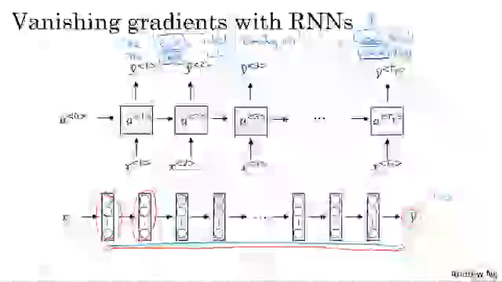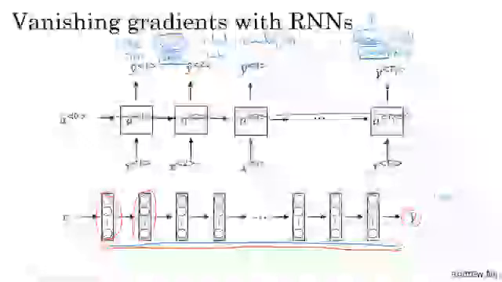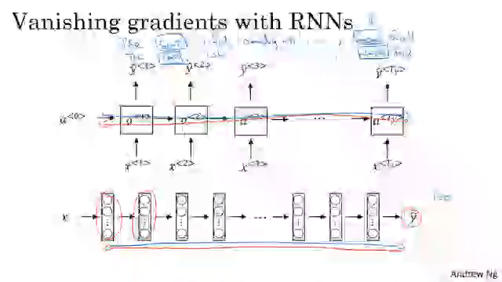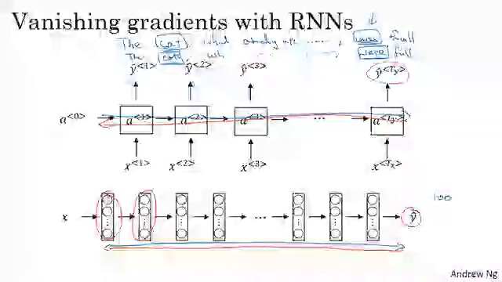You have forward prop going from left to right, and then back prop going from right to left. And it can be quite difficult, because of the same vanishing gradients problem, for the outputs or the errors associated with the later time steps to affect the computations that are earlier.